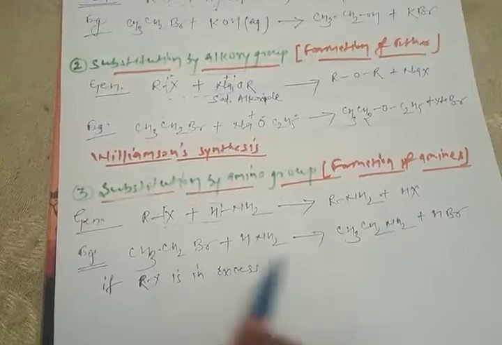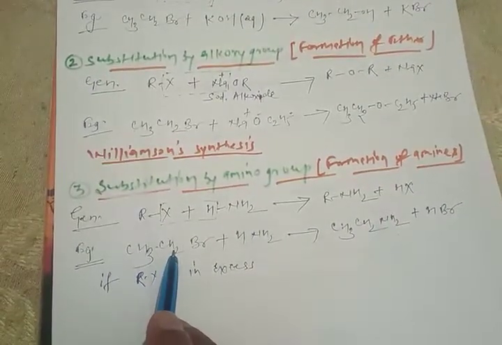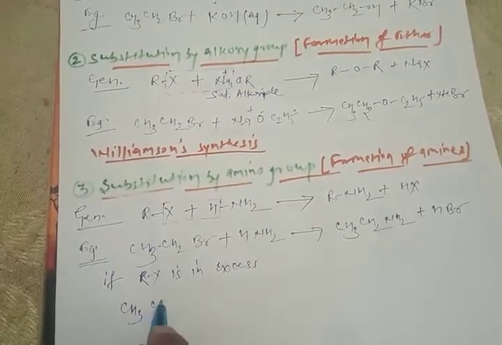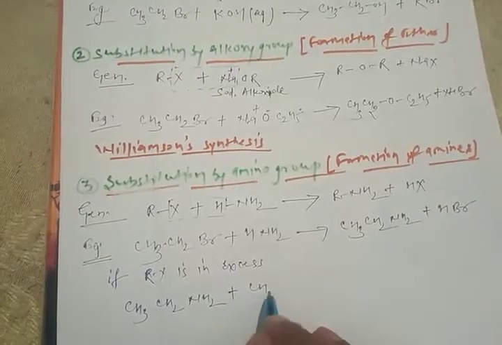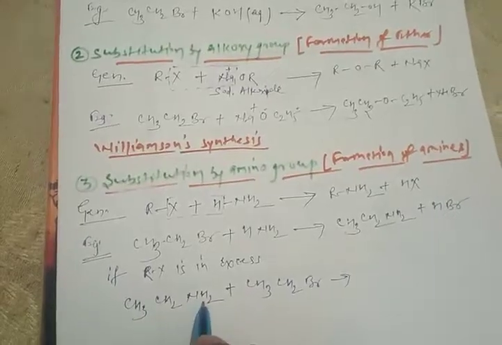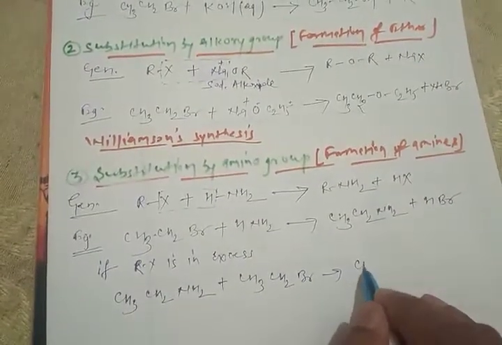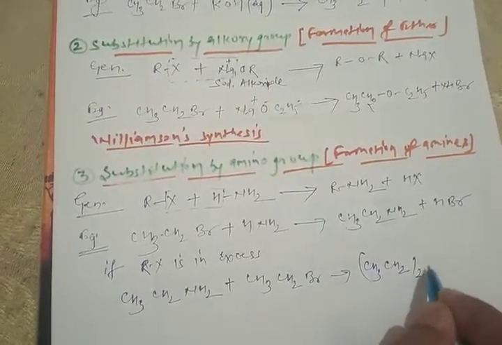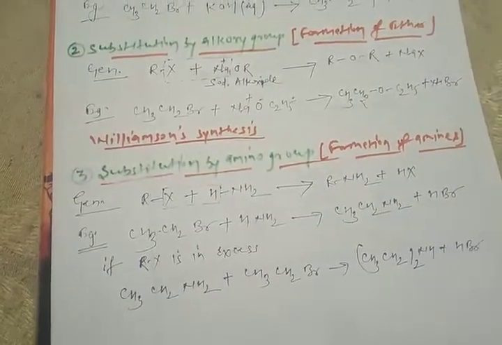This is the product and this is the reactant. Since it is in excess, it will react further. So CH3CH2NH2 plus CH3CH2Br. Another hydrogen will be replaced, so we get (CH3CH2)2NH and HBr.